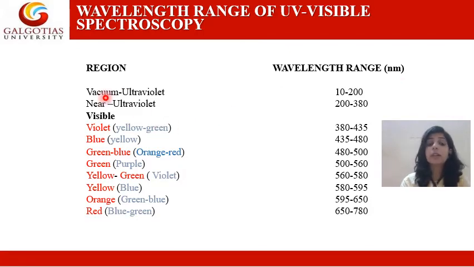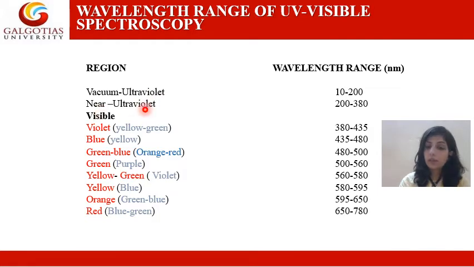The first region is the vacuum ultraviolet region. It starts from 10 nanometer and ends at 200 nanometer. This region involves transitions of single bonds, and it is not accessible in every UV visible spectrophotometer.